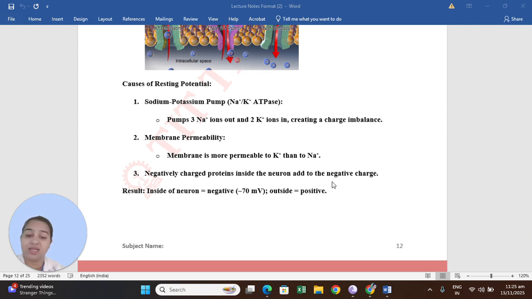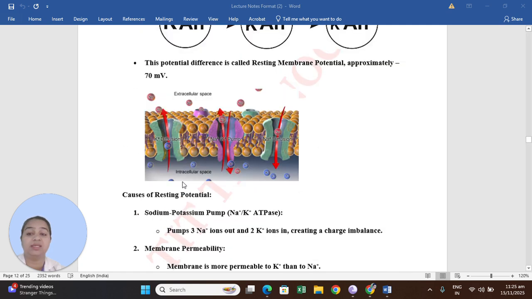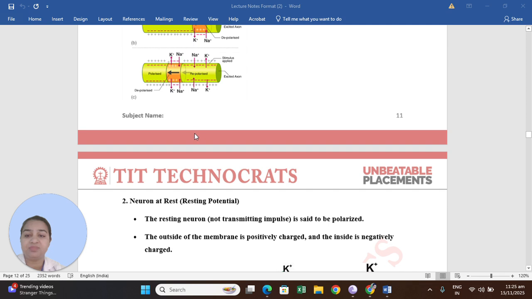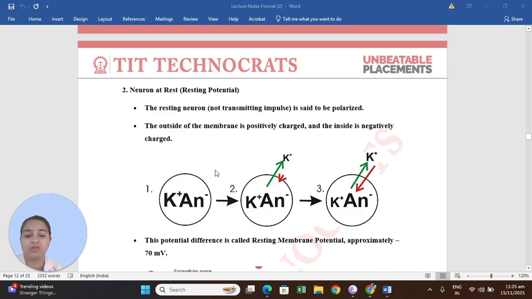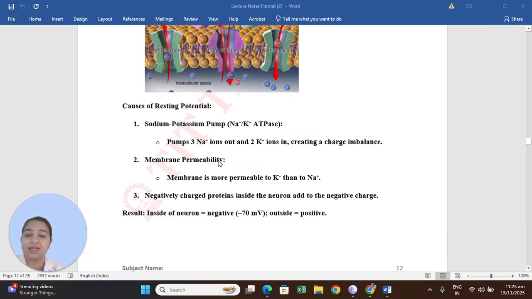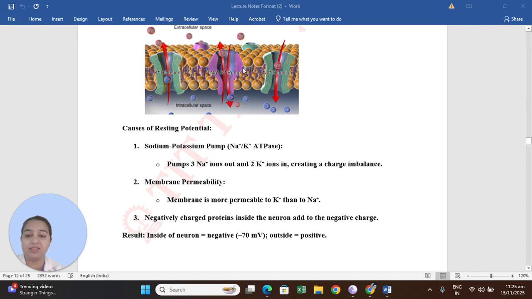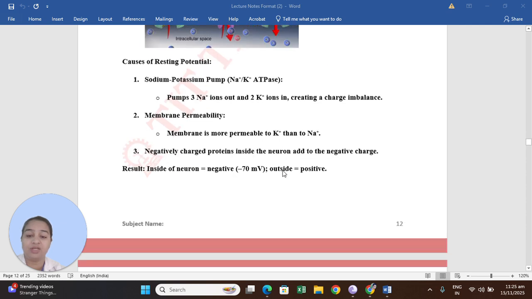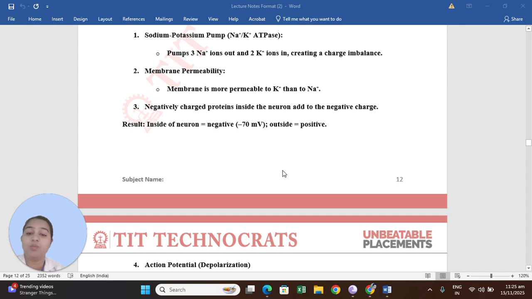Negatively charged proteins inside the neuron add to the negative charge. As we can see here, inside the membrane there are certain proteins which are also negatively charged, which makes it more negatively charged.